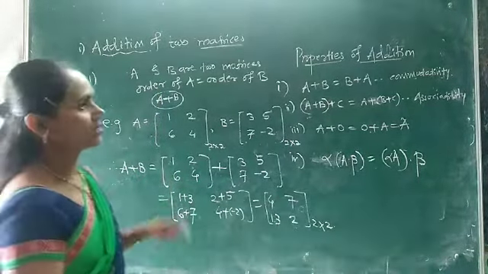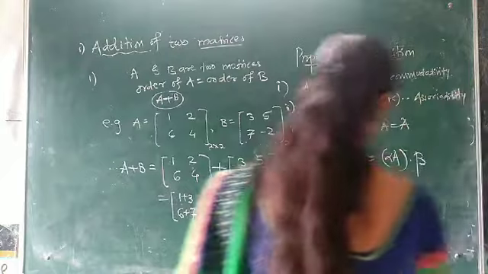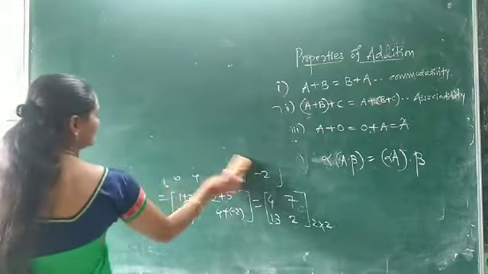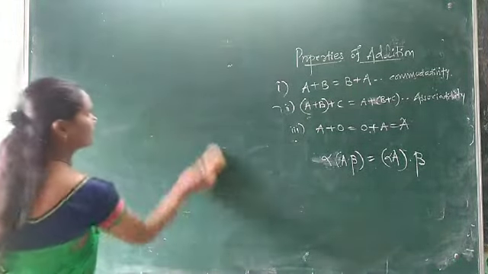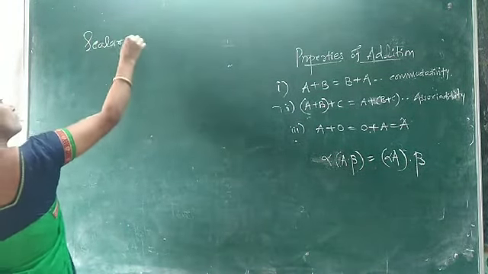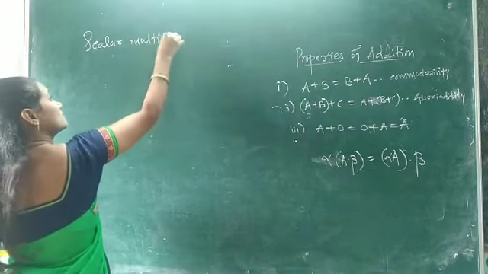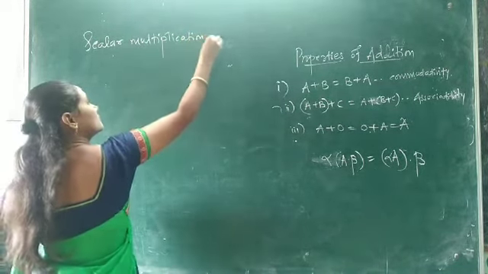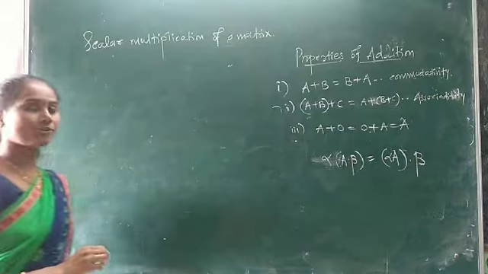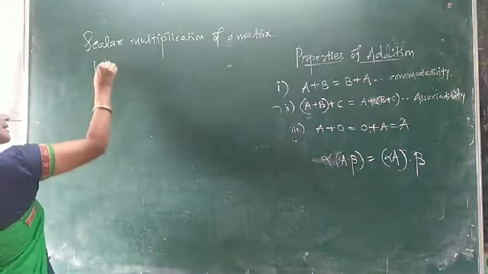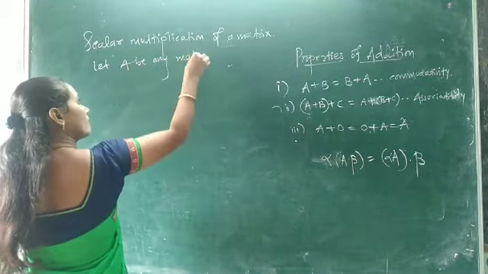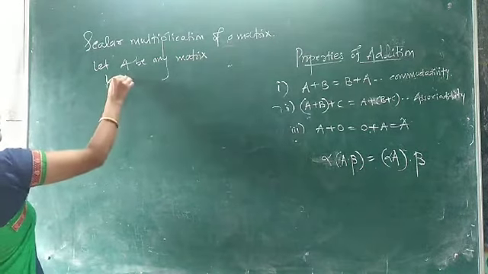Now the next point is scalar multiplication of a matrix. Let A be any matrix and k any scalar.